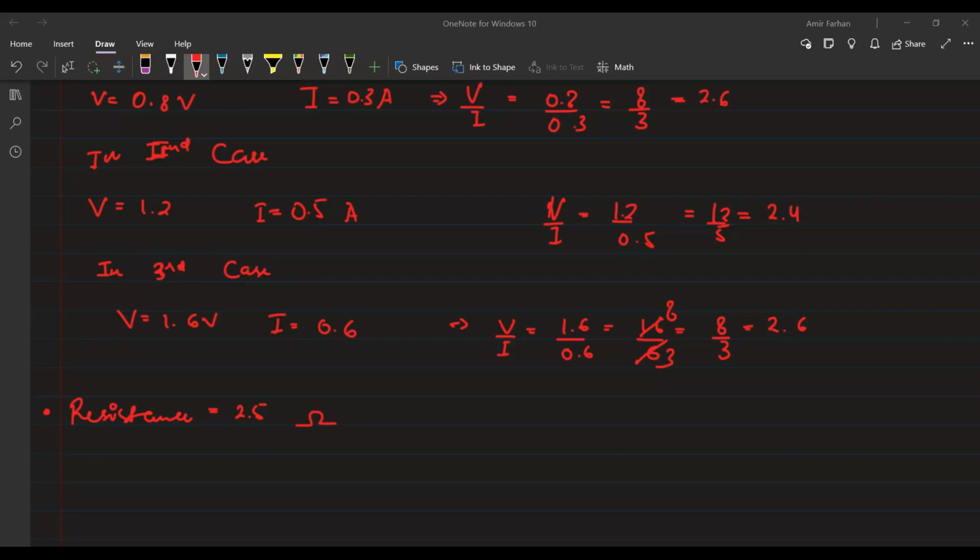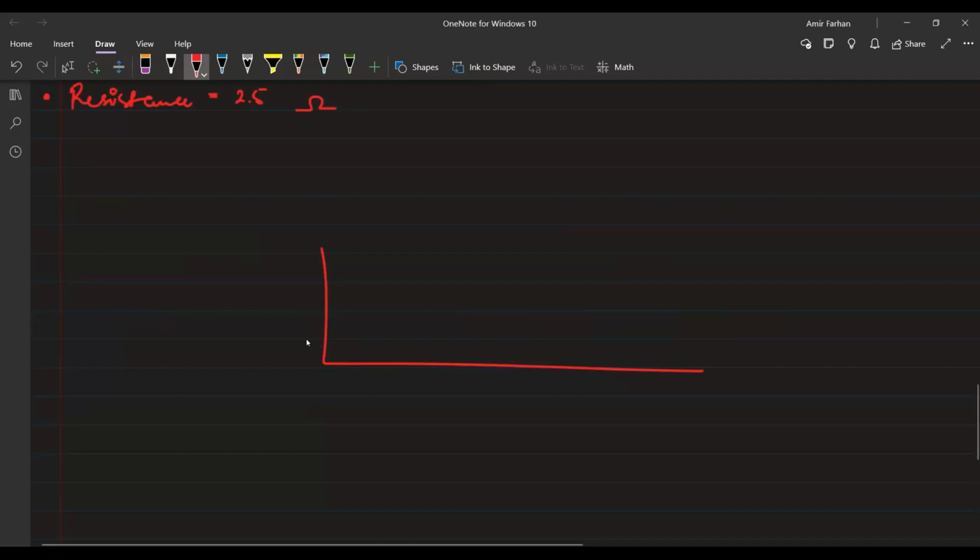Suppose this is the x-axis and some values are given. So it will be like this. A straight line will be formed. Clear? A straight line will be formed when you plot the graph of Ohm's law.